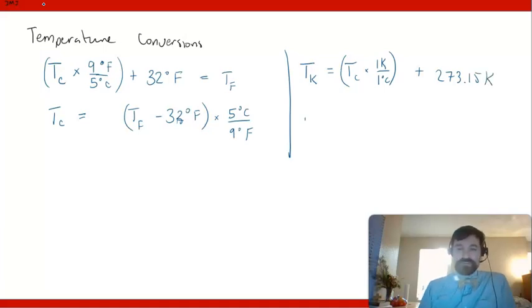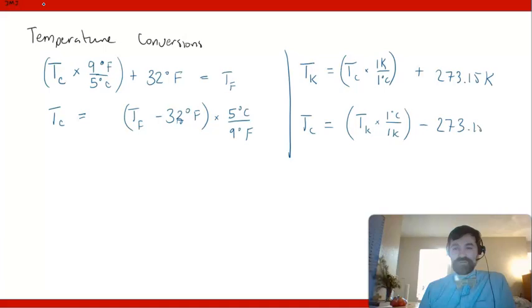And then likewise, to get to Celsius from Kelvin, you take your temperature in Kelvin, you multiply by 1 degree C per 1 Kelvin, and then from that you subtract 273.15 degrees C. Okay, so that's your conversion scales for temperature.